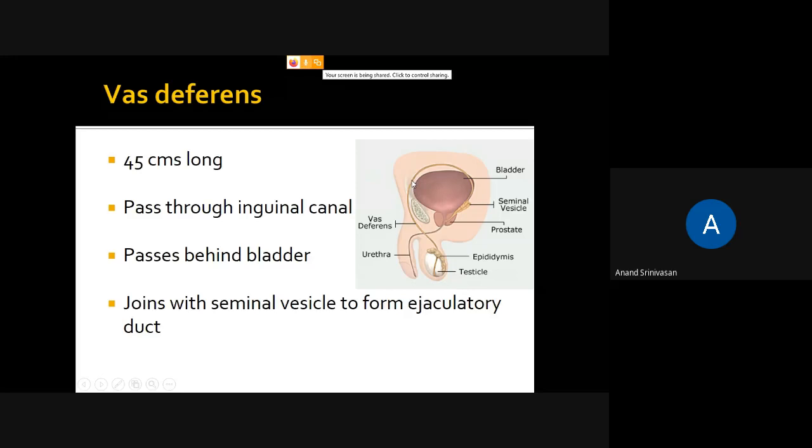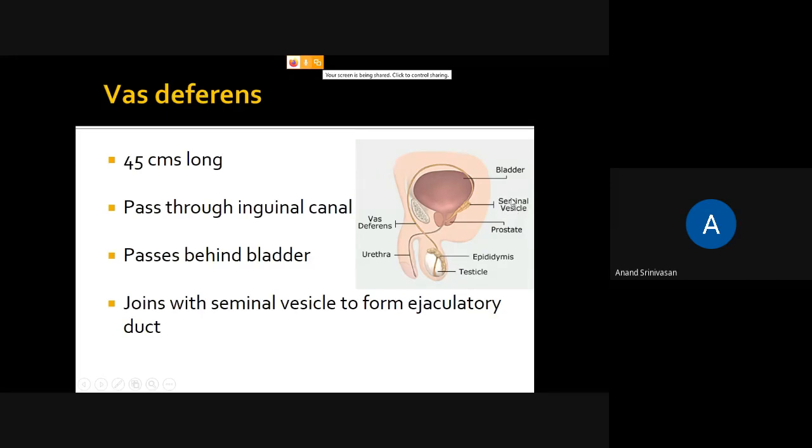Through the inguinal canal, it enters inside the abdomen, goes above the bladder, and goes to the posterior surface of the bladder, behind the bladder.